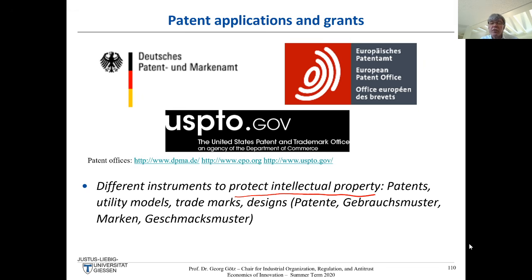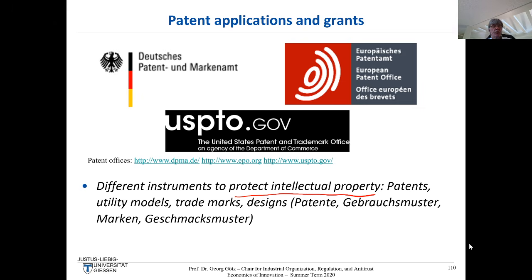In Germany it says: Neuerungen, die eine geringere erfinderische Leistung aufweisen. So these are innovations where the innovative merit or innovative part is not very large, okay? And you also have trademarks, which of course you know, Coca-Cola and so on.